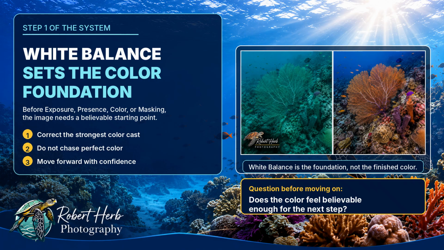But this step is not about finishing the photograph. It is not about final color, drama, or signature style. The goal is to create a believable enough starting point so you can judge the rest of the image more accurately. Before moving on, ask one simple question. Does the color feel believable enough to judge exposure, presence, color, and masking?